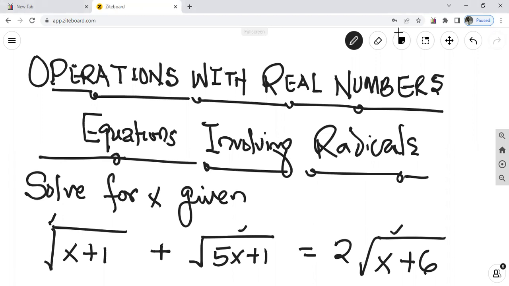Because we are dealing with real numbers, we are going to limit ourselves to the fact that the square root of x plus 1, the square root of 5x plus 1, and the square root of x plus 6 are basically real numbers. In fact, we limit ourselves to the fact that these square roots are non-negative. They are either positive or 0.